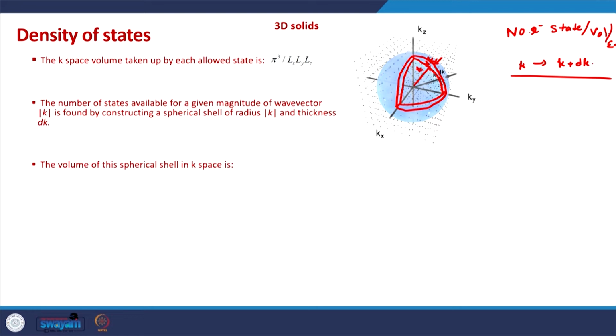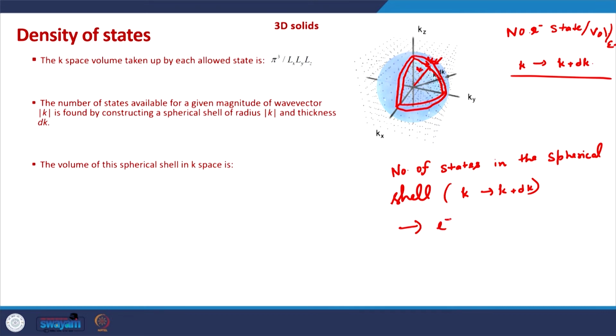Now the number of states in the spherical shell, which means in a range from k to k plus dk, will correspond to electronic states in the energy range from E to E plus dE.